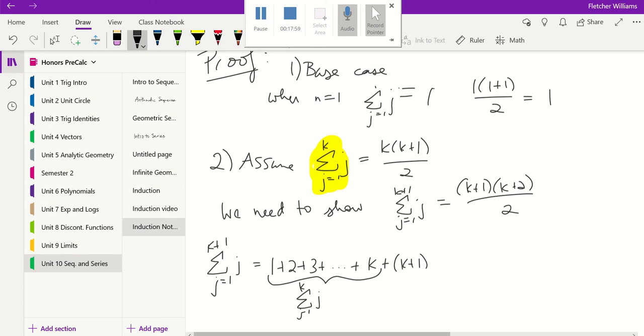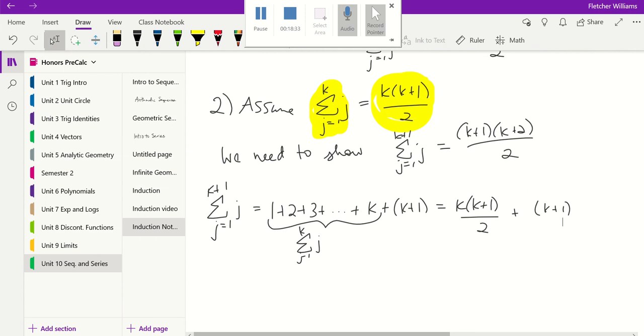Since we assumed that that sum equals this, we can now substitute it. So k times k plus 1 over 2 plus k plus 1. So we made our substitution. And now let's see if we can make it look like what we need it to look like.